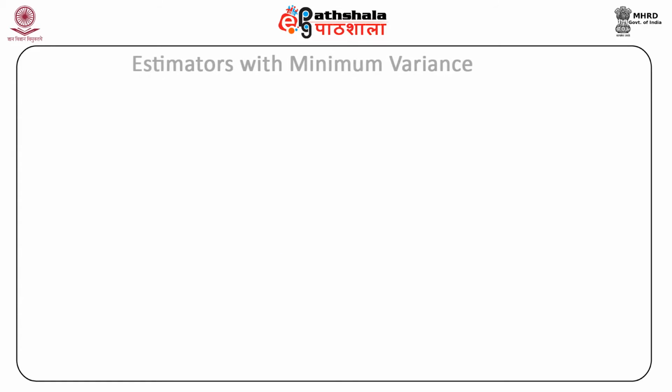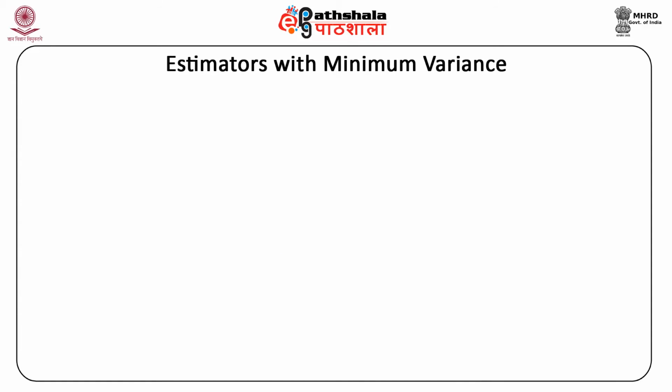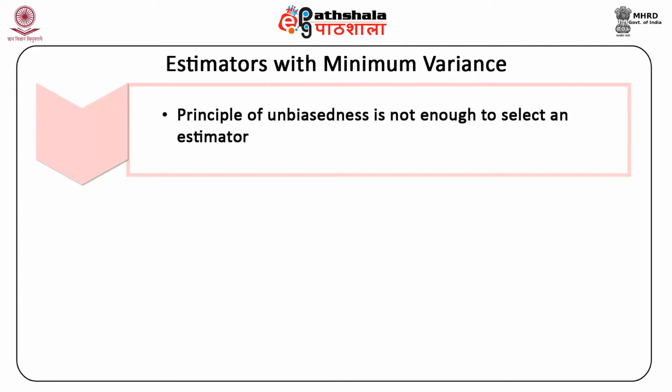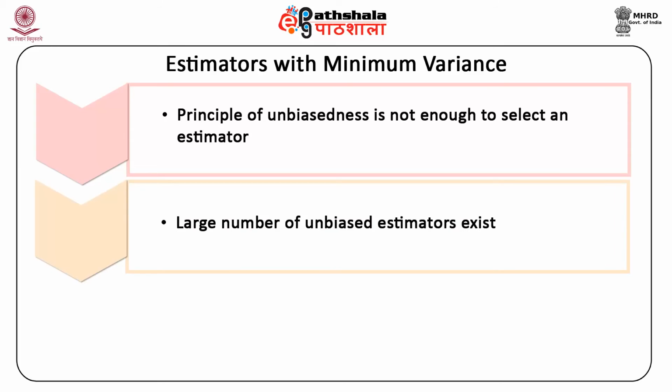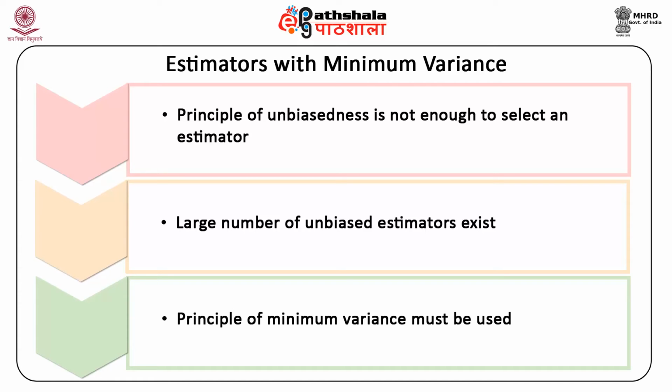The last part of the properties points to the fact that the principle of unbiasedness is not enough to select an estimator, since a large number of unbiased estimators exist for the population mean of a normal distribution. Hence, the principle of minimum variance must be used to choose amongst the large number of unbiased estimators.